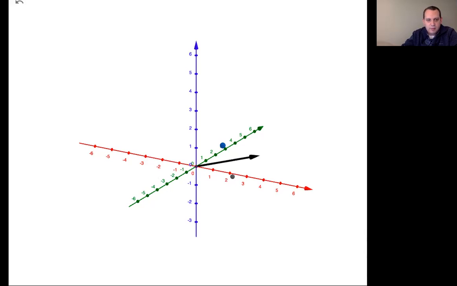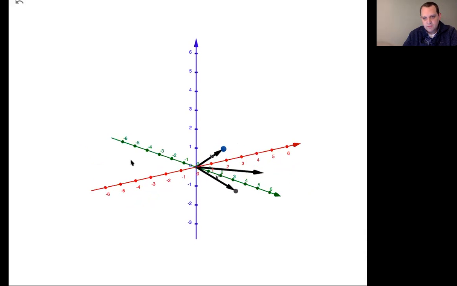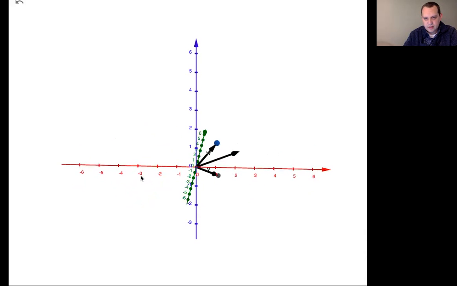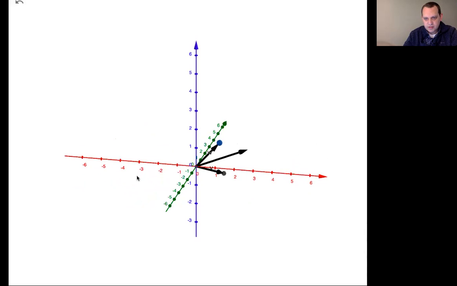And then if we add them up, just to make it a little bit clearer what's going on here, we have the vector that takes the origin to the point (1, 2, 1). We have the vector that takes the origin to the point (1, 1, 1). And this is a graphing calculator, so I'm going to pick this up and move this a little bit just so you can kind of see it and feel what this is going to look like.